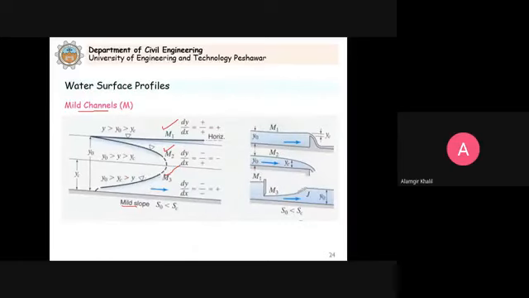You see that we have this M3 profile. Now the depth is supercritical. But if your slope is mild, it will try to increase, because mild slope cannot sustain supercritical depth. So it will increase.